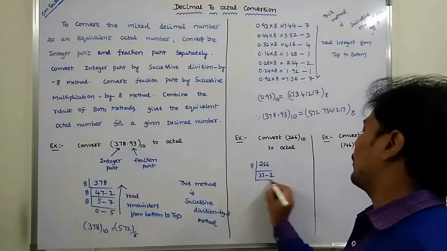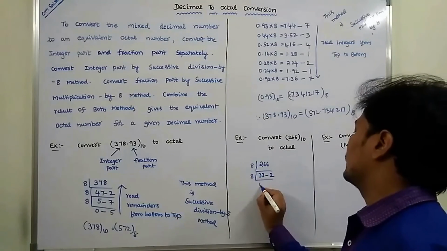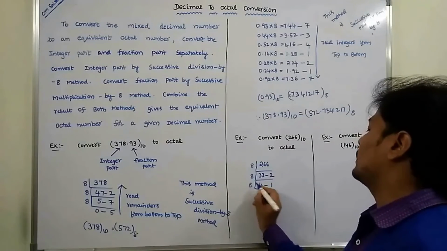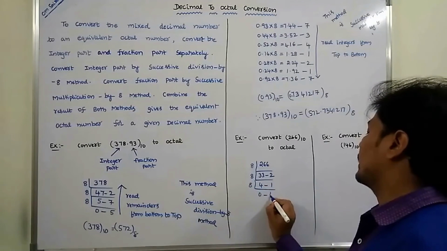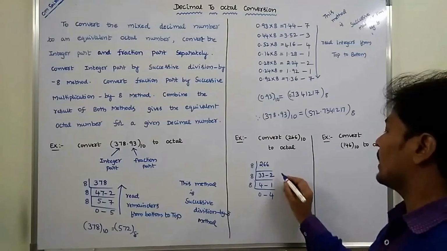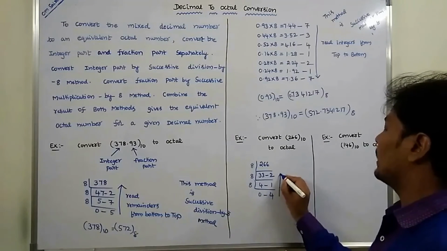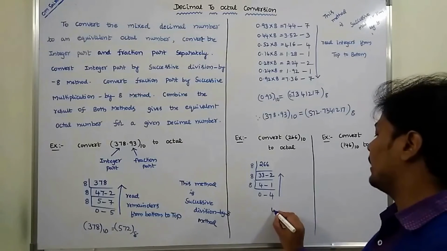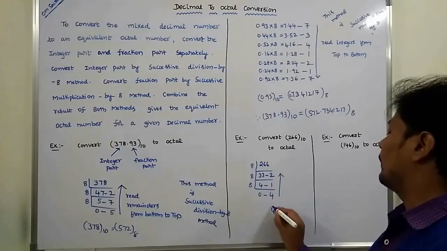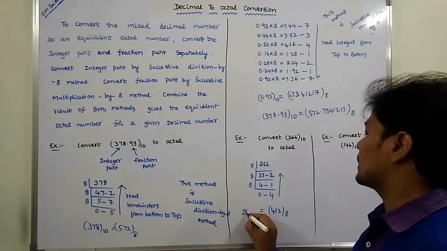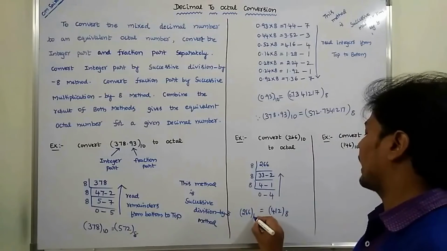Now 8 4s 32, remainder is 1. Now 8 0s, remainder is 4. Okay. So whenever the quotient is 0, read the remainders from bottom to top. So we are getting 412 base 8 is equal to 266 base 10.